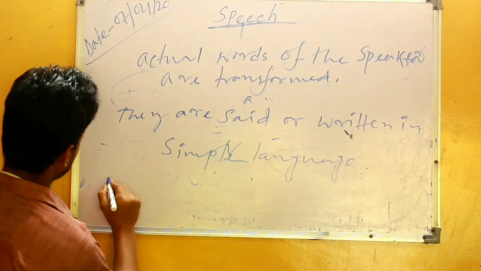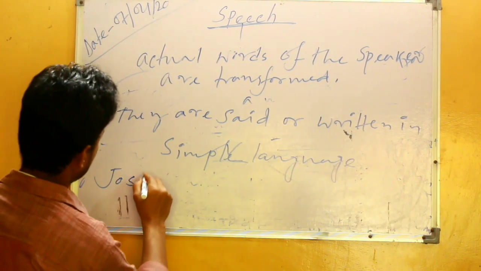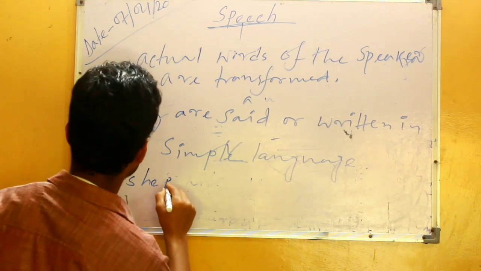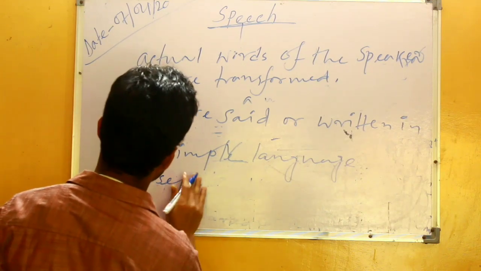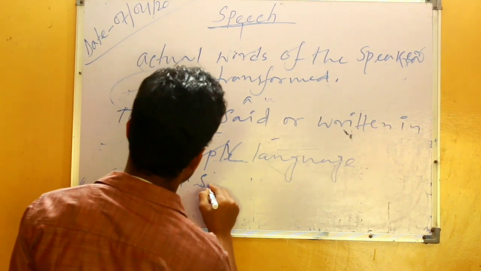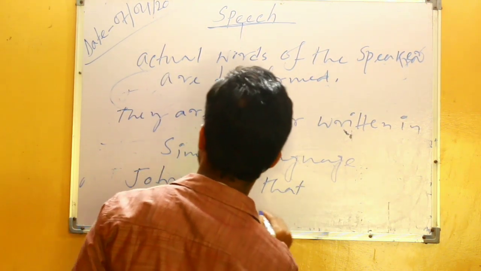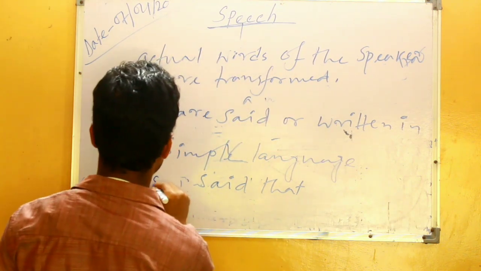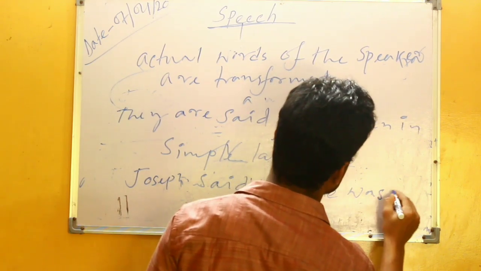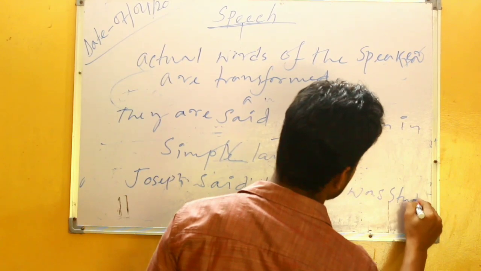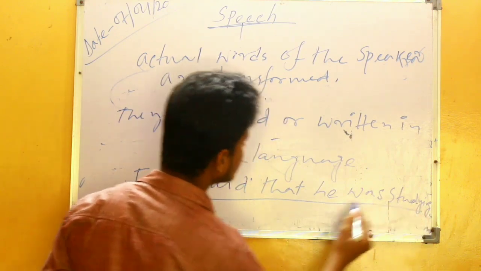Example: Joseph said that he was studying. Look at the difference; this is indirect speech.